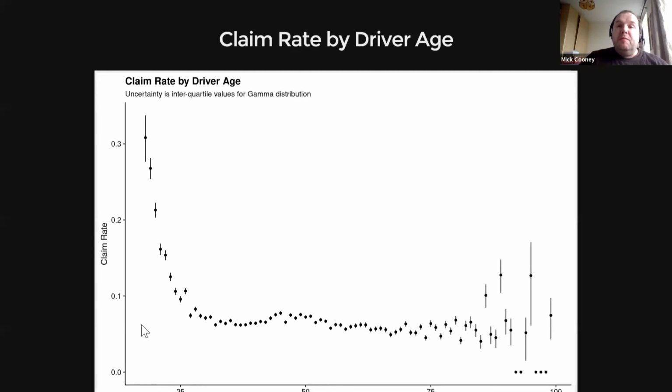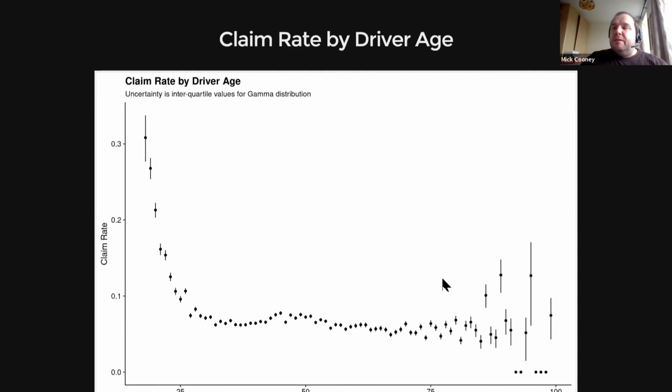When you think about it from a multiplicative point of view, if your claim rate is 0.1 and someone is at 0.3, that means the premium should be at least 3 times higher than a normal premium would be, purely because of the age. So that's why you see that. This is the one that really stood out for me when I saw that distribution. And then up here, you're starting to get into the region of higher ages.